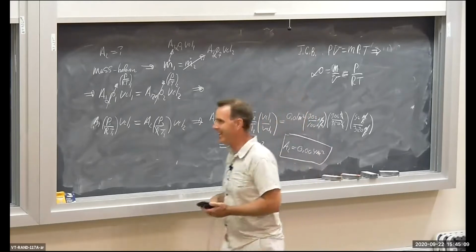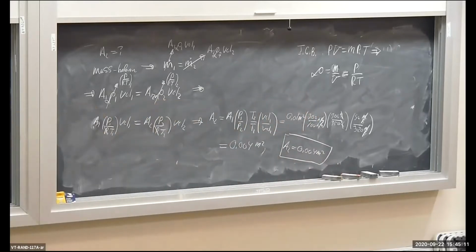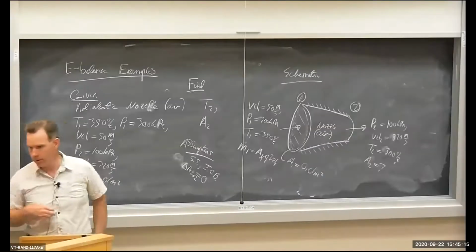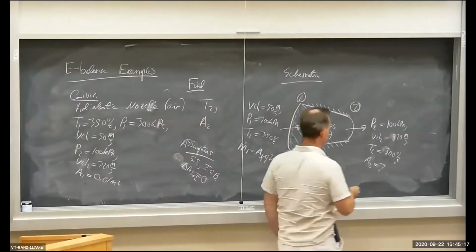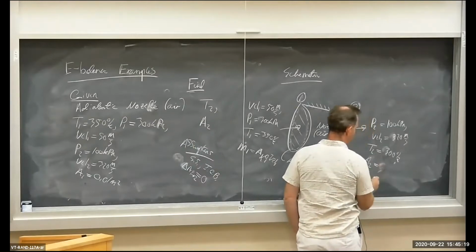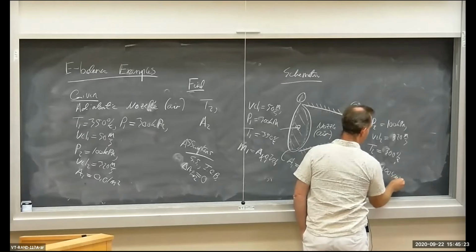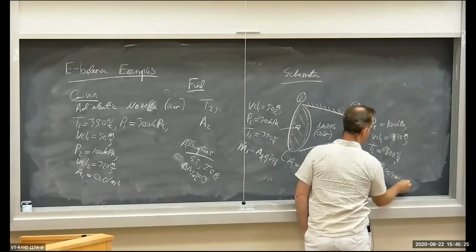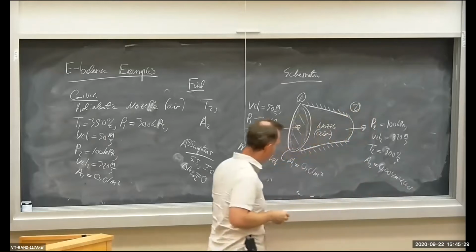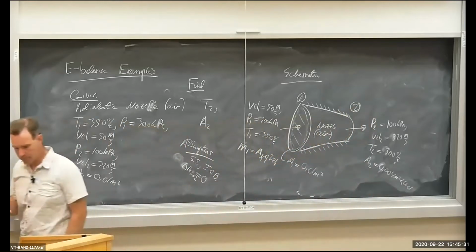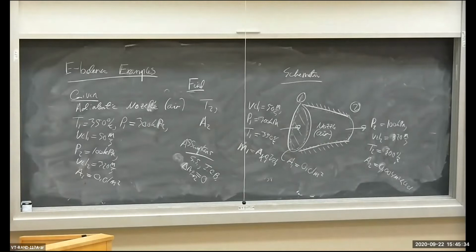Notice that is less than the inlet flow area, which is 1/100th of a square meter. So A2 is 0.004 meters squared, which is less than 0.01, okay? All right? Pretty straightforward.